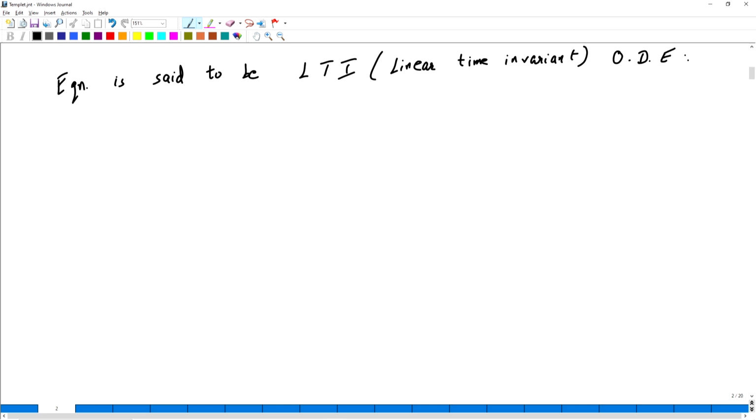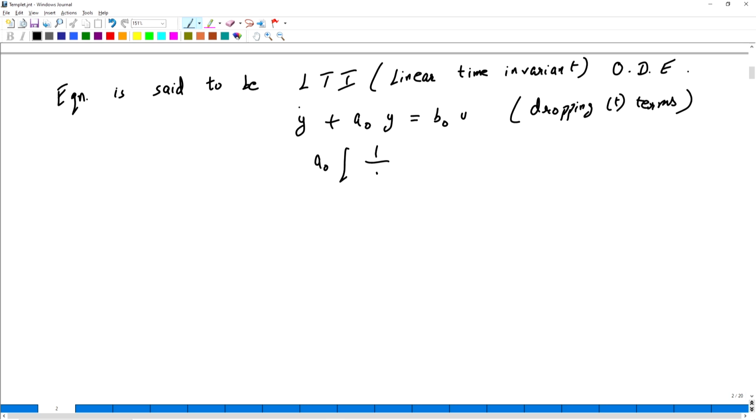Now we can write the above equation as y dot plus a naught into y equals to b naught into u. I am dropping the t terms for convenience. Taking a naught common, 1 upon a naught into y dot plus y equals to b naught upon a naught into u.